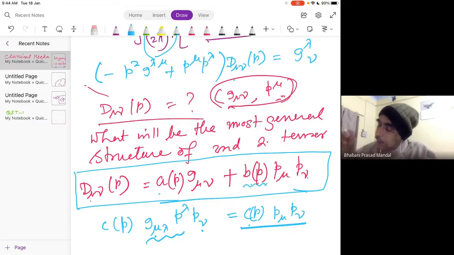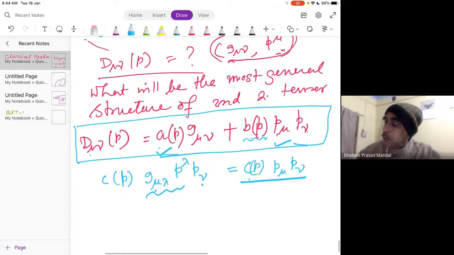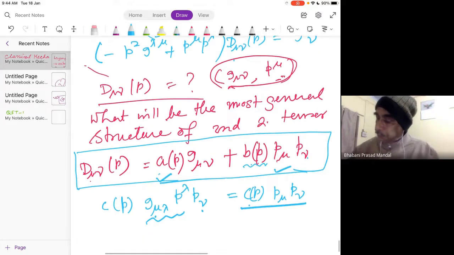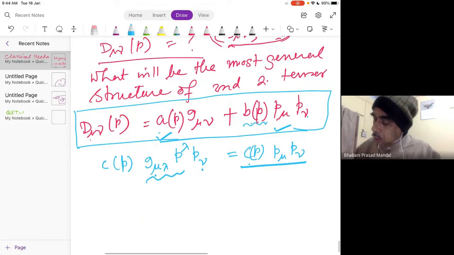So any other term you consider, by using g mu nu, or p mu, or whatever it is, all terms will be simplified to either this term or this term. So that is why I call this the most general structure. So now I'll put this structure here and I'll try to find, and there will be a surprise for you. So let me use red.